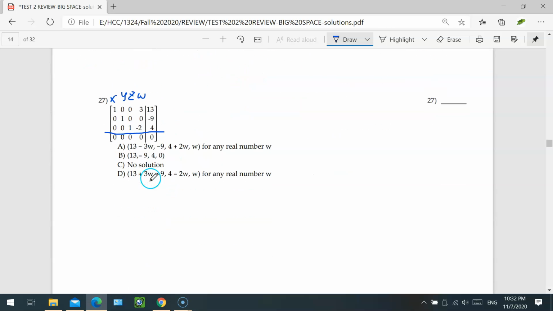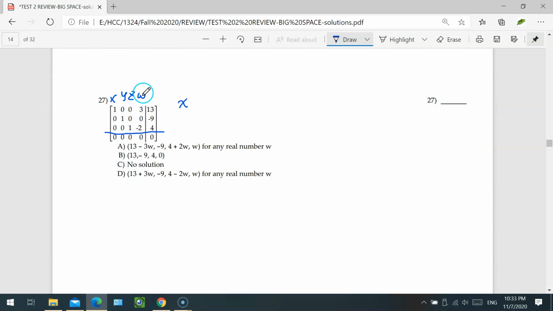27. This is the augmented matrix after using the RREF. So the result gives us this kind of arrangement. I have the 1 on the first column here, so I'm going to write down the x, because of 1x plus 3w.